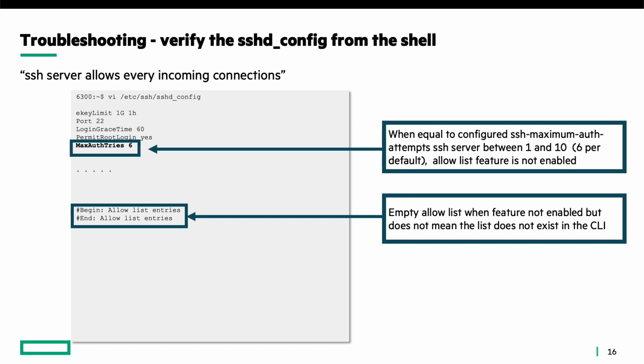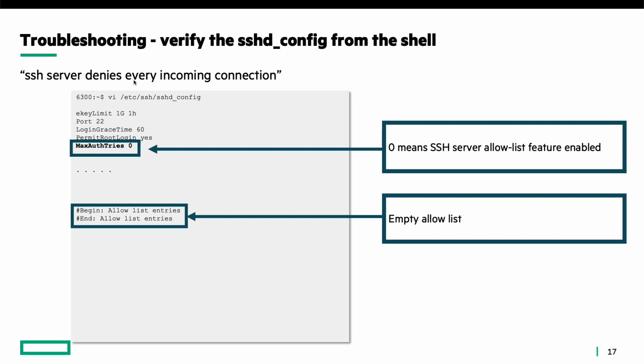The feature can be disabled, but you still have your access control list, which can be populated if it was already configured before. So we're not losing the IPv4 and IPv6 entries, just the feature is disabled. But in the SSH config file, it will look empty, even if it exists.